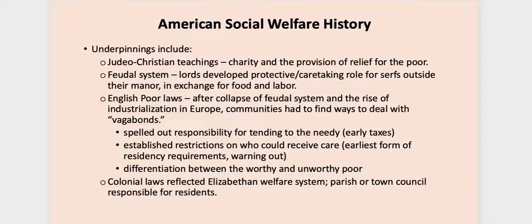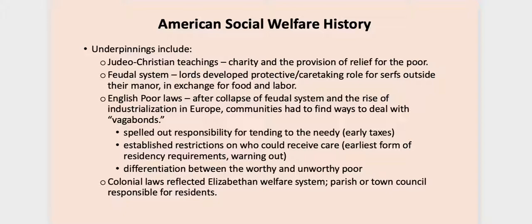Oftentimes, tramps and hobos, and today, very much so. These individuals today are the homeless that we're familiar with. But in any event, nobody seems to know what's the best answer for homeless, and this was true also back in the days of the English, or the demise of the feudal system, I should say.